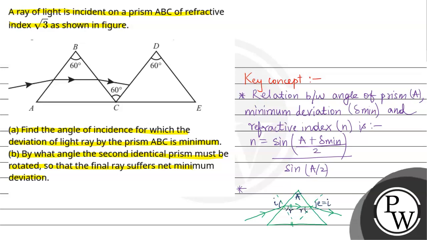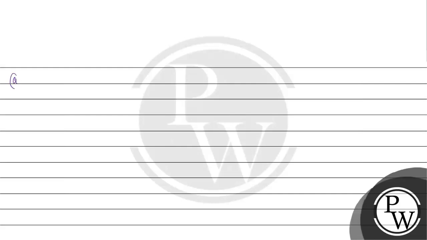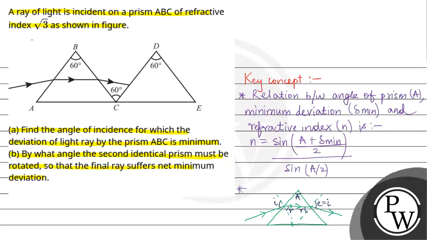Minimum deviation case: these two angles are the same. With the help of this key concept, we will proceed further. The first part of the question is, we have to find the angle of incidence for which the deviation of the light ray by the prism ABC is minimum.